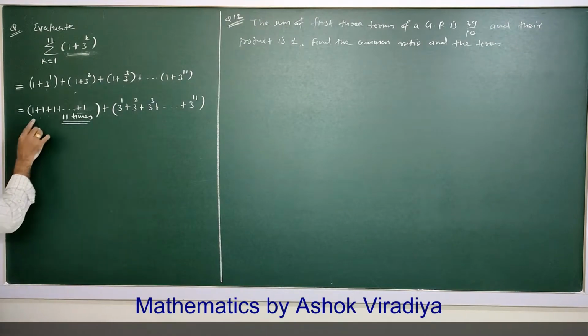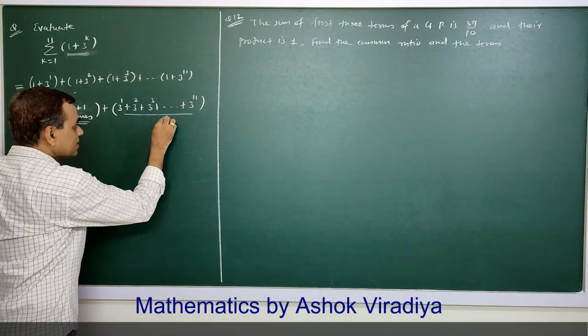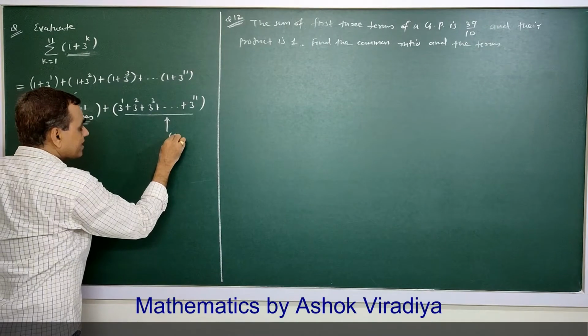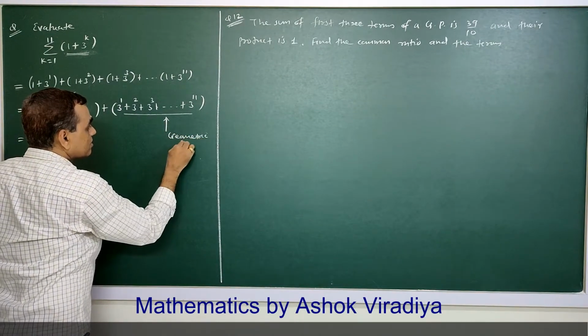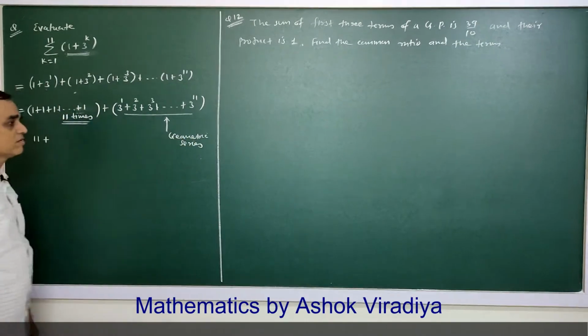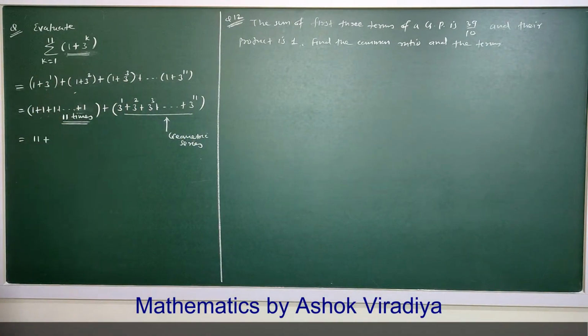Now here, 1 plus 1 plus 1 eleven times, so the total is 11. And this is a GP, a geometric series, that means the sum of 11 terms of a GP.